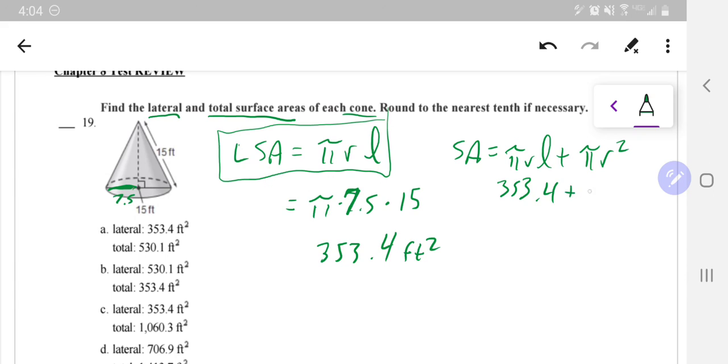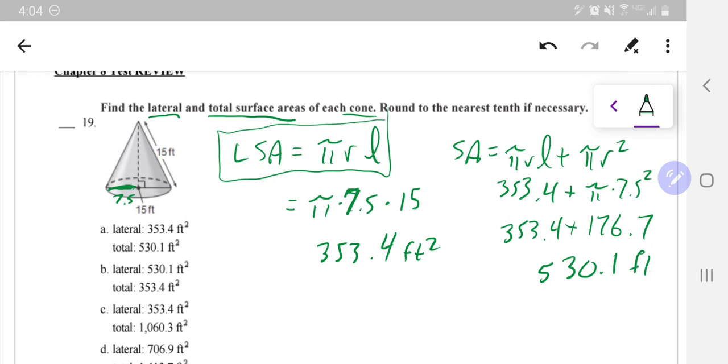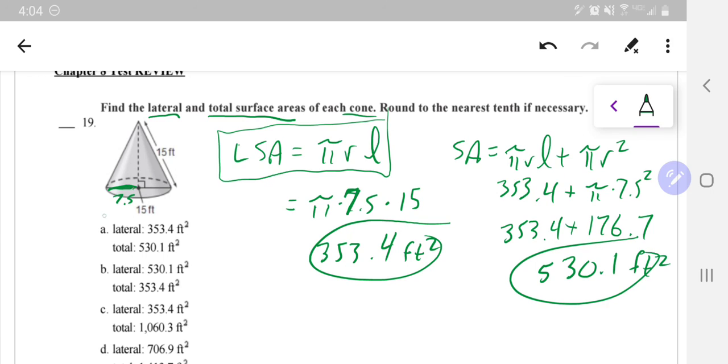We already calculated that. So now we can just do pi r squared, which is going to be 7.5 squared. And that comes to 176.7. And then when we add that up to get our total surface area, we get 530.1 feet squared. And so we have our two answers here, and that looks like it's A.